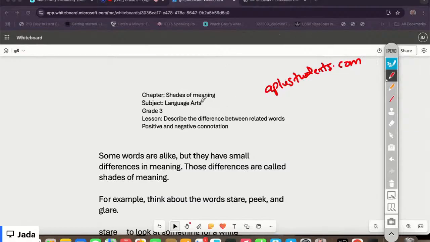Then you click on your name, you move into language art. The grade is grade 3. The chapter is shades of meaning, and the lesson is describe the difference between related words, positive and negative connotations.